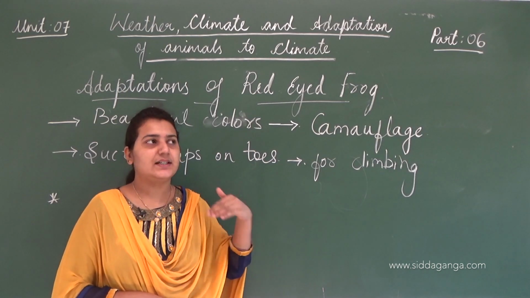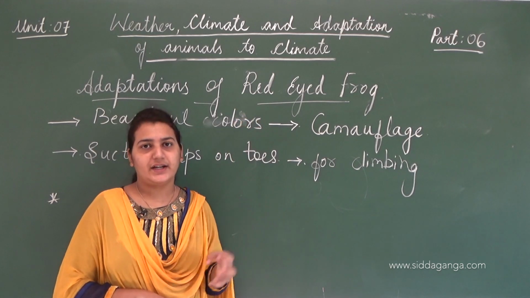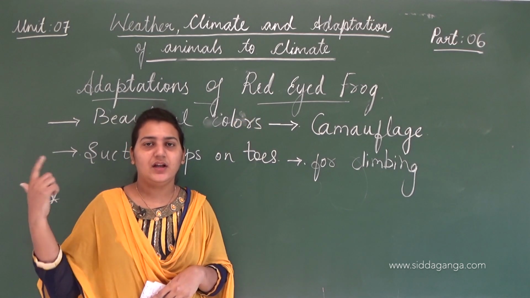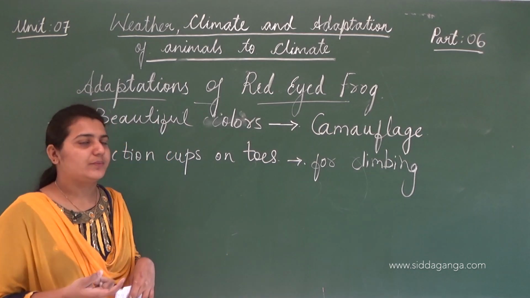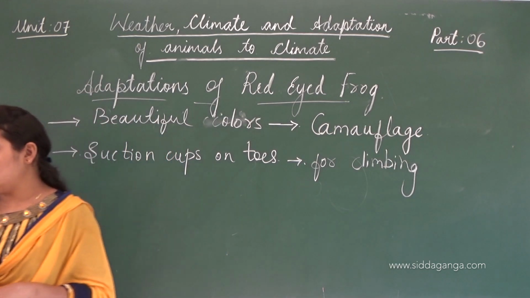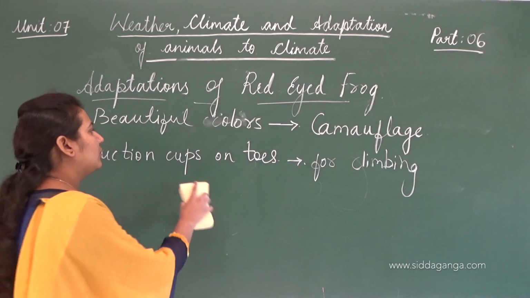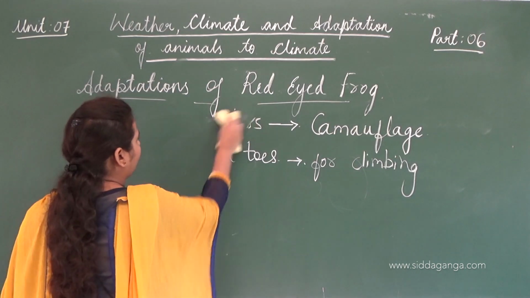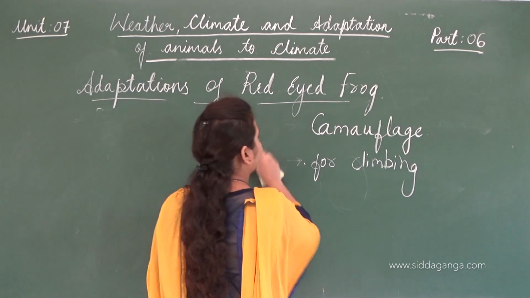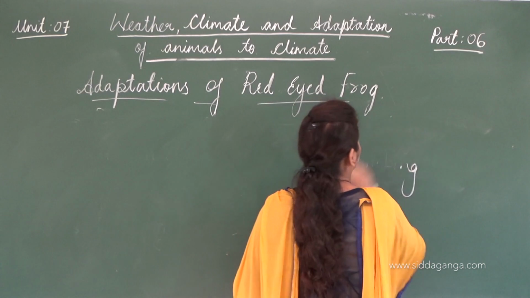So they can easily climb to a great height on a tree, and they can easily get food. So this is about the adaptations of the red-eyed frog: it can camouflage because it is found in very beautiful, different colors, and it also has suction cups on the toes.